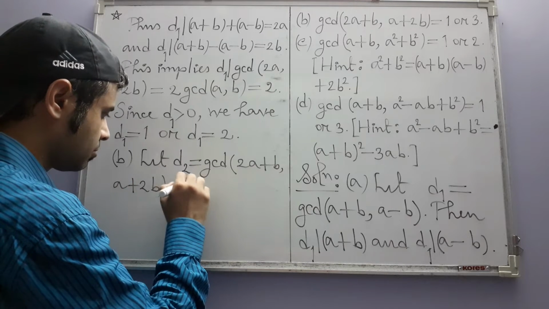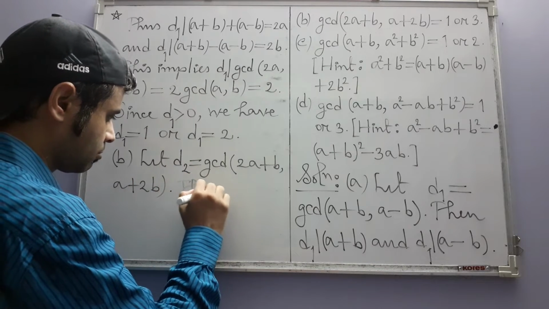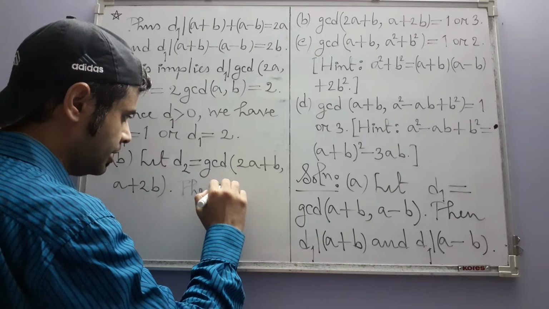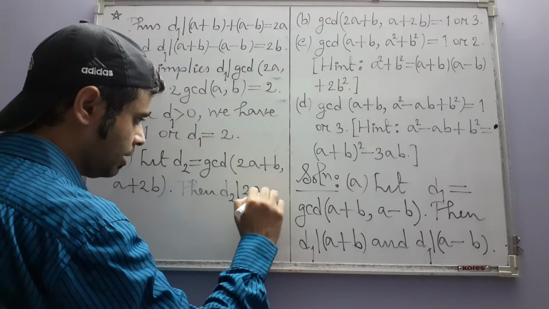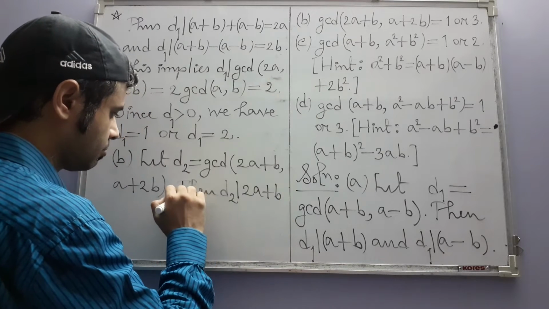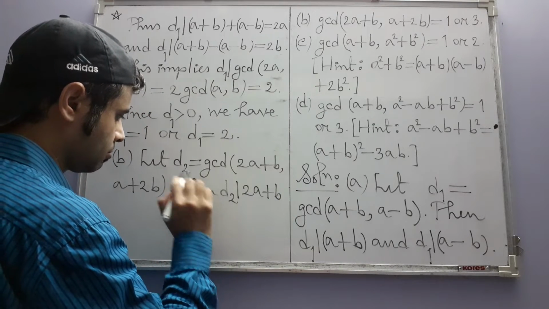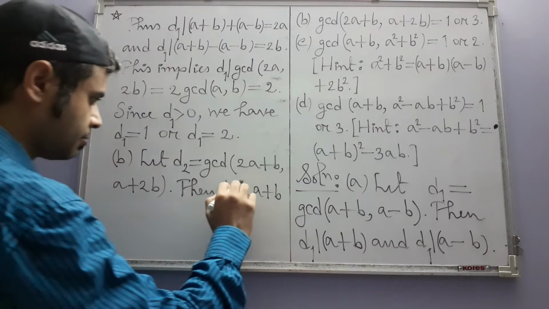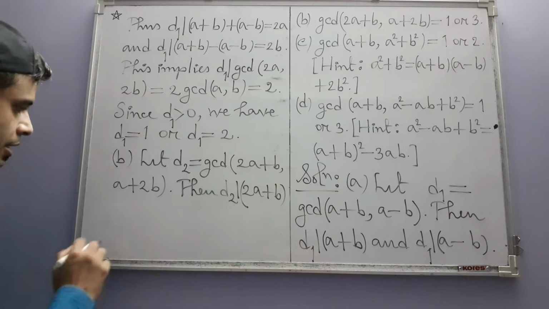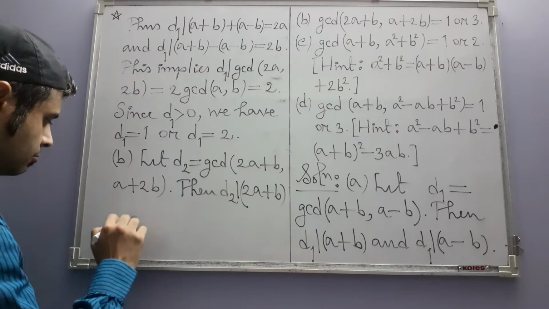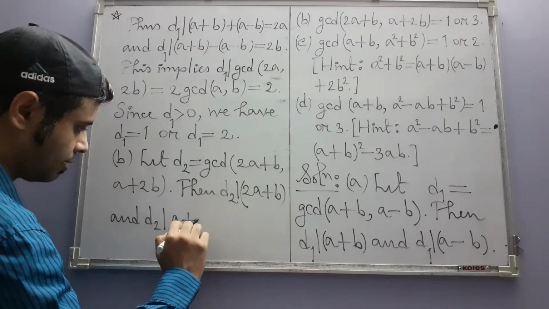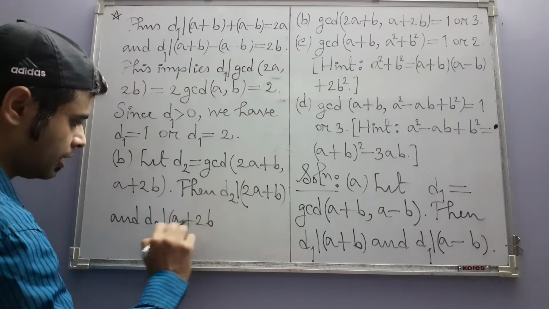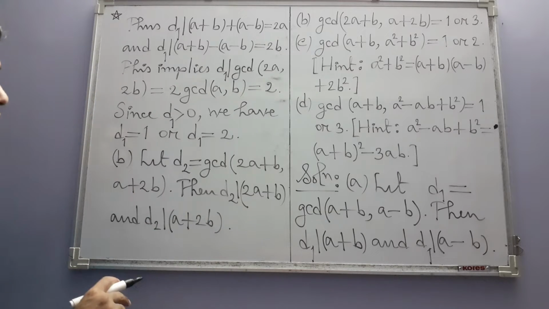Then D2 divides 2a plus b and, just like before, D2 divides a plus 2b. What is it that we have to prove in this case?